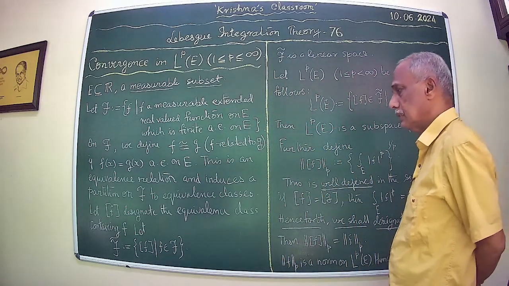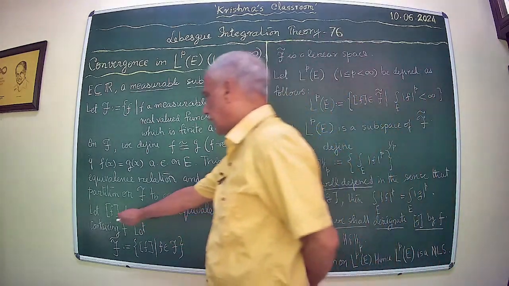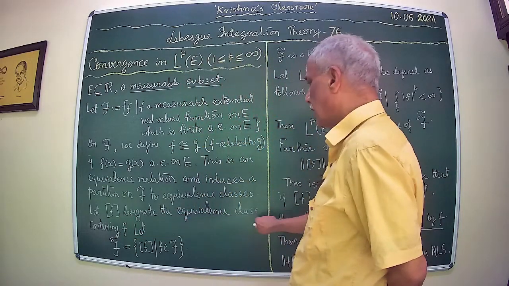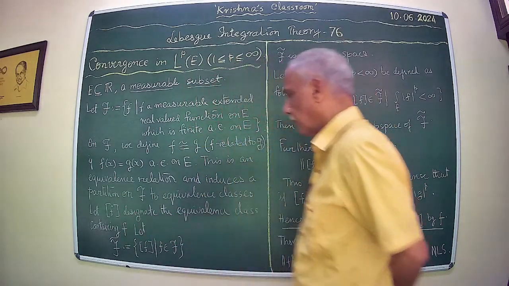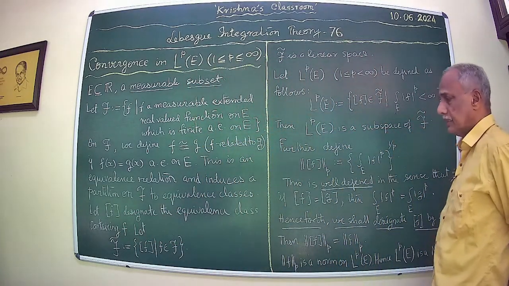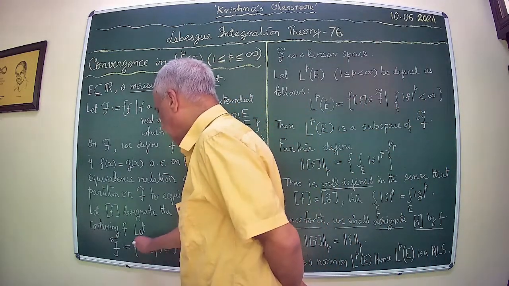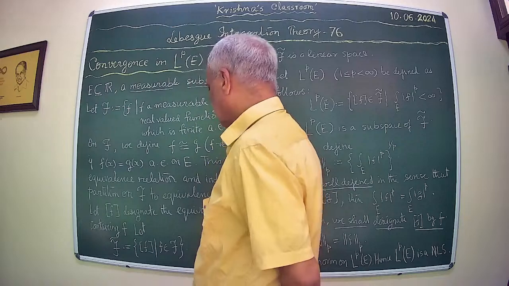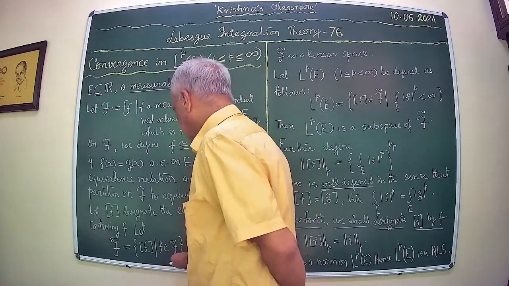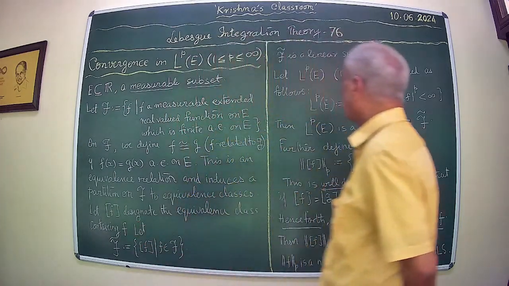Let bracket f designate the equivalence class containing f. So let script F tilde denote the space of all equivalence classes for f's belonging to script F.